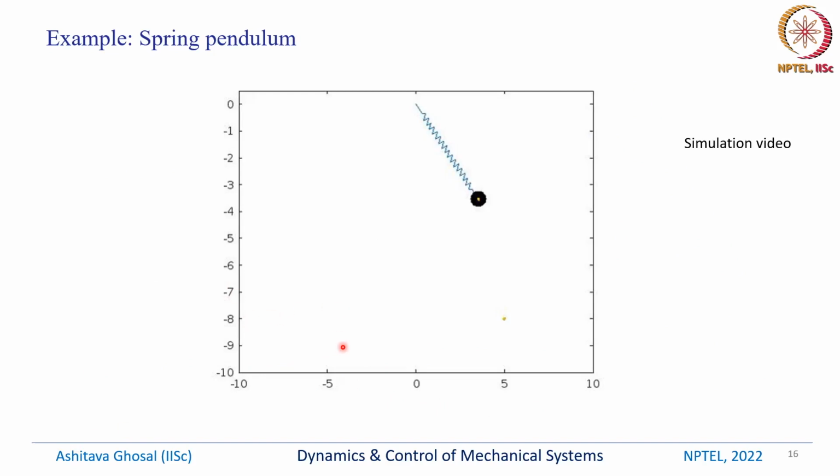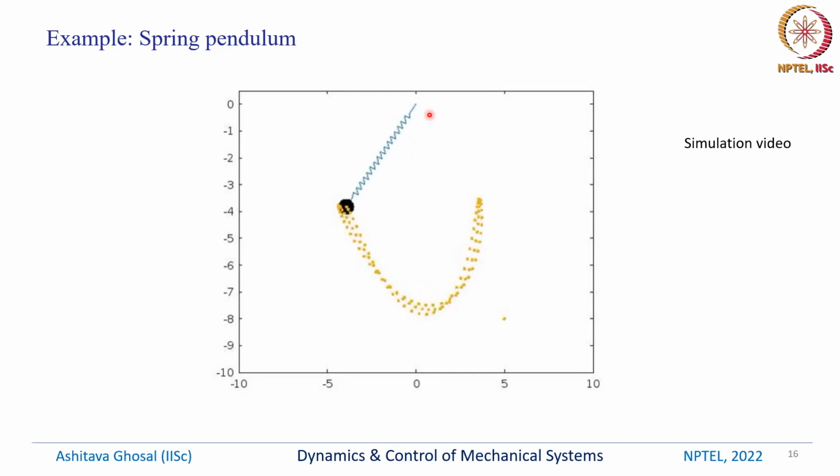So here is a video of this spring pendulum. And you can see this animation of this mass, which is the bob, as it is going around.